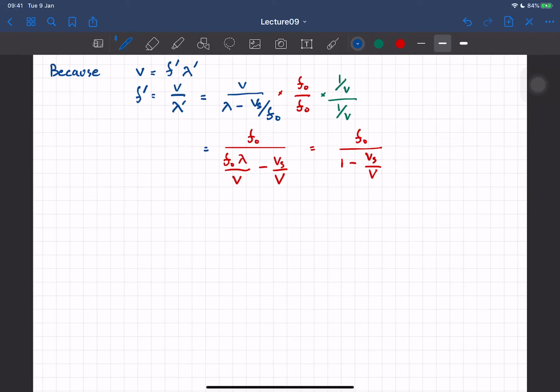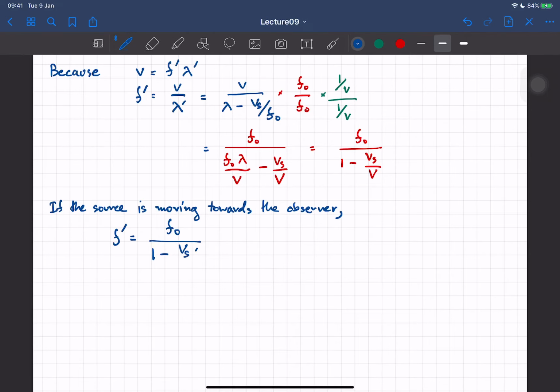So in the end what I have is f0 divided by 1 minus Vs divided by V. Let me summarize it here. If the source is moving towards the observer, then the frequency heard by the observer is not just f0, but f0 divided by this additional factor, which is Vs divided by V. What is Vs again?